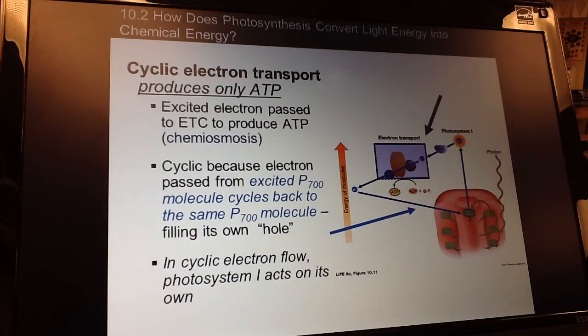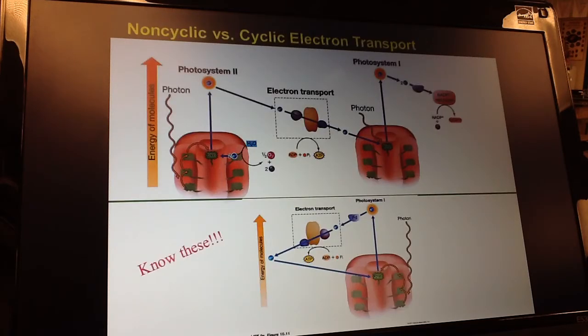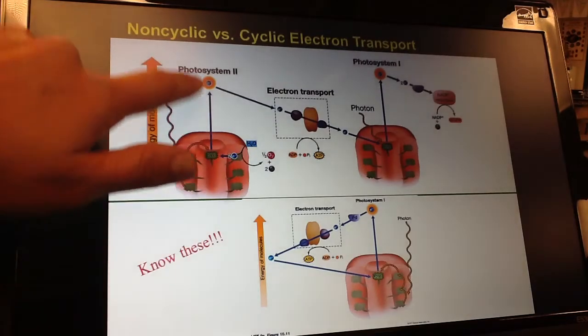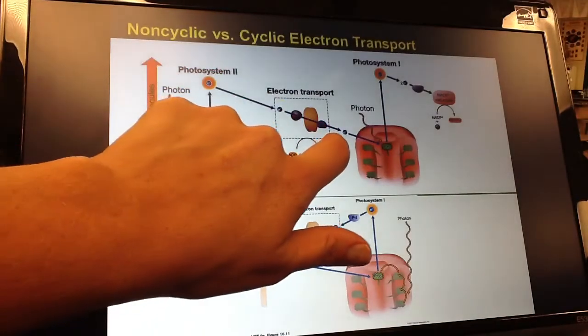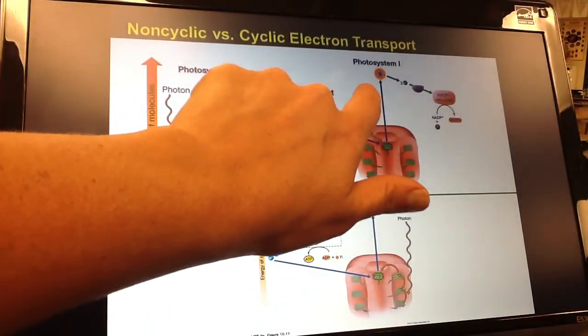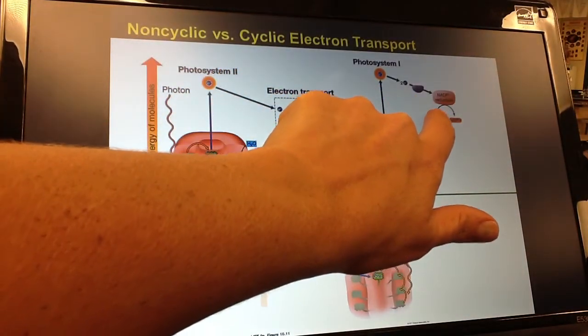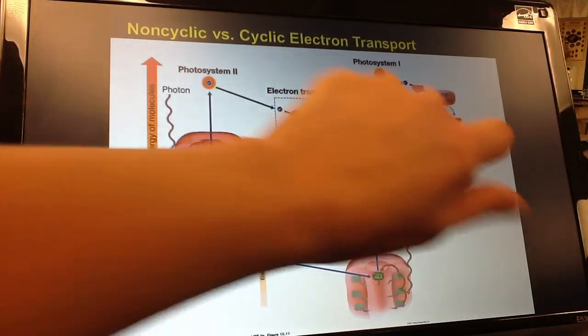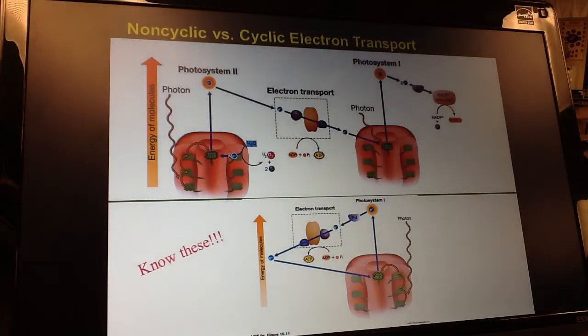In that way, we only generate the hydrogen ion gradient as a way of making more ATP. So if a cell needs ATP instead of glucose, it's going to do the cyclic electron transport versus the non-cyclic that we have previously talked about. The non-cyclic is the one that you're familiar with. We go from photosystem 2 through the electron transport chain to photosystem 1, and then the electron is ultimately donated to NADP plus, reducing it to make NADPH, the molecule that we need for the Calvin cycle.